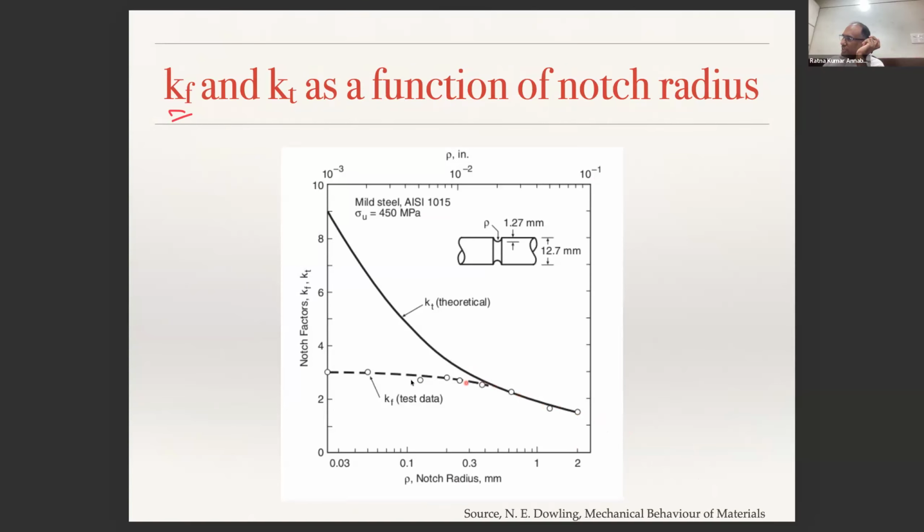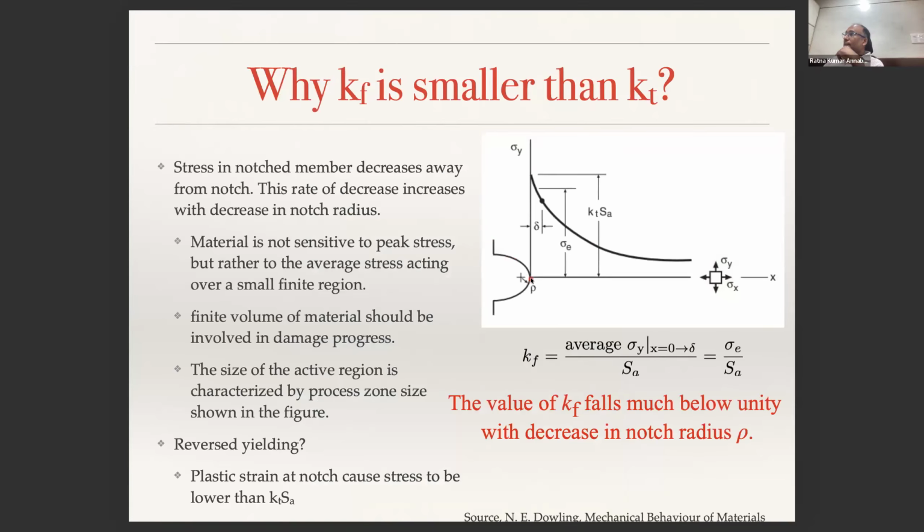But when you reduce the notch radius, Kt becomes larger and larger, but Kf saturates. Why is that? The reason is if your notch radius is smaller and smaller, then the stress concentration factor is going to be larger, and ahead of the notch tip the stress goes to a very high number. That means there will be plastic deformation ahead of the notch. If there is plastic deformation, then your fatigue crack cannot grow.